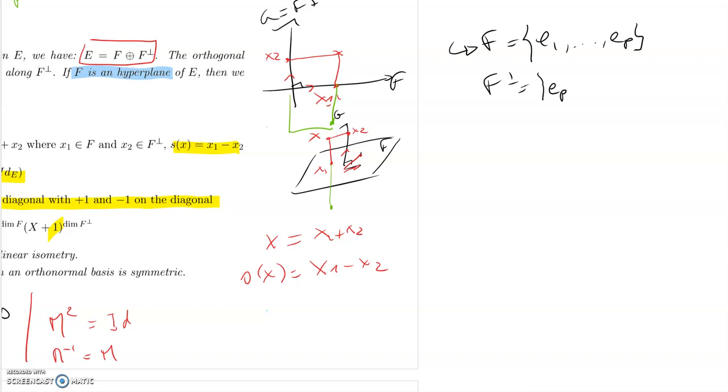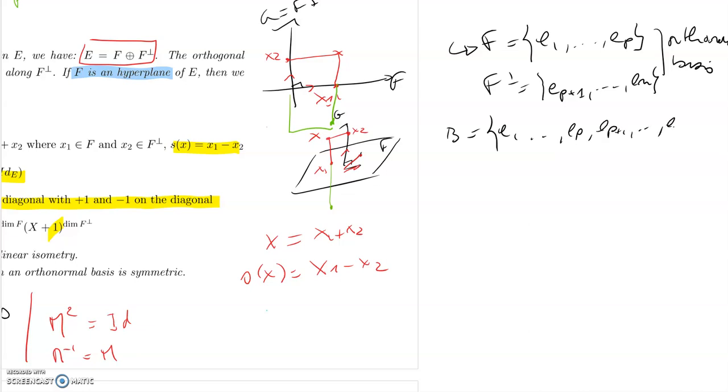We can write it as ep+1 up to en. If you concatenate the two bases, which are orthonormal, you get an orthonormal basis of E itself, as E is F plus F orthogonal as a direct sum.